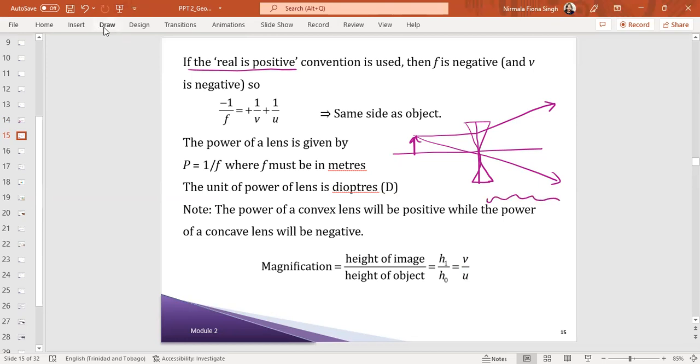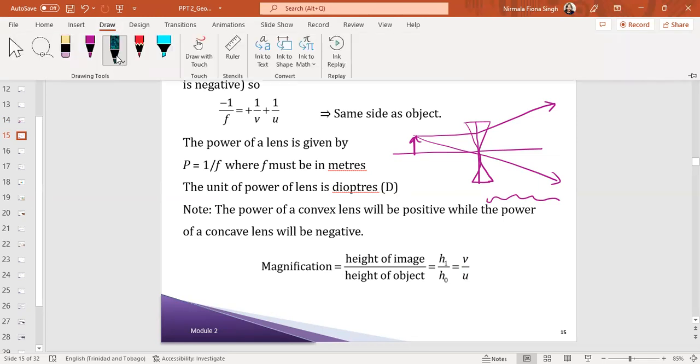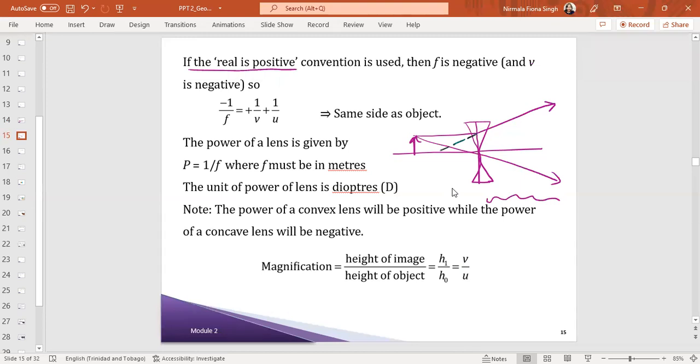So this is where we do a little bit of transposing, a little bit of extra drawing, where we draw these two lines back and we see where those two lines meet. And where these two lines meet is where we have our traditional image forming.